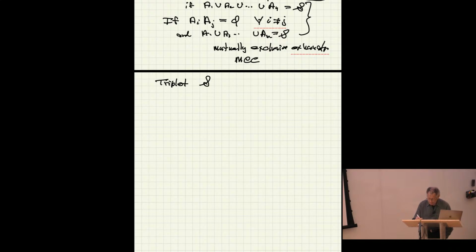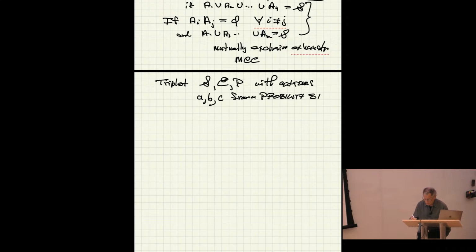It's a sample space S, a set of events E, and the probability measure P, with the axioms that I mentioned, A, B, and C. Basically they form a probability system, as I tried to say earlier. So we're defining that, and here we're defining mutually exclusive exhaustive.